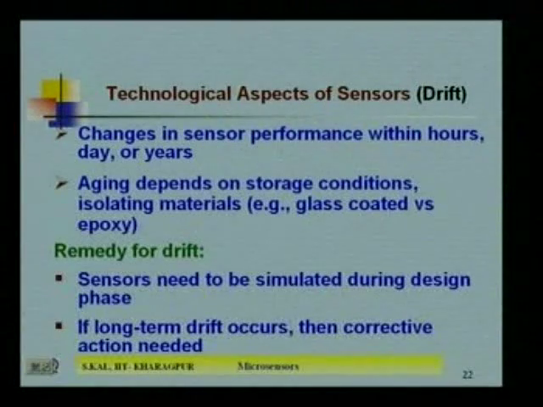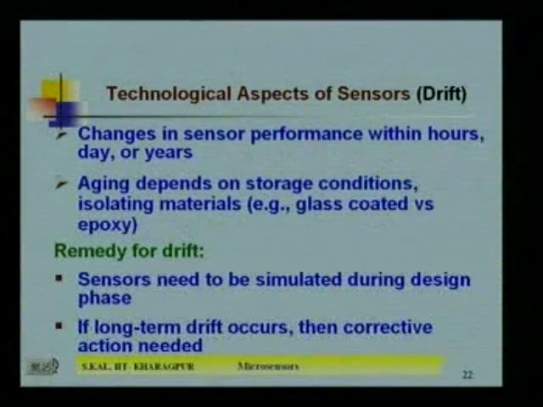And so obviously what are the remedies for drift? There are a few remedies. One, sensors need to be simulated, not stimulated, during the design phase. That means by simulation, you can see what changes can take place, say a little bit of temperature rise or a little bit of humidity rise. What are the effects of change of temperature on various parameters, what is the effect of increase of humidity on various parameters.